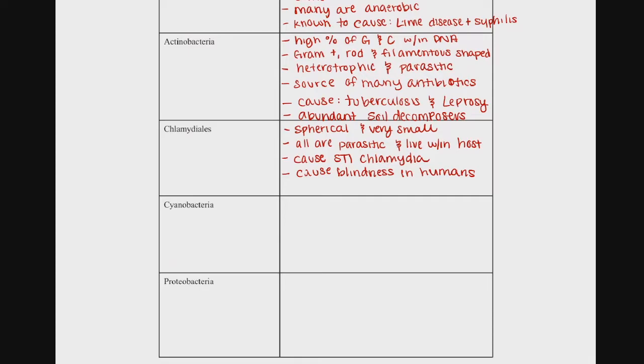Next we have cyanobacteria. These guys are found either on their own or in colonies. They pretty much dominate aquatic environments. Like, they dominate the mass of aquatic environments, I should say. All are photosynthetic.